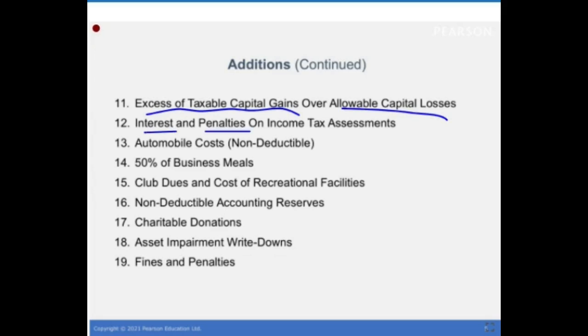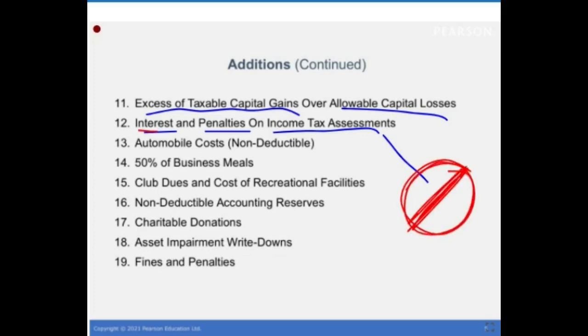Interest and penalties on income tax assessments. So this would be an example of something that's just 100%. That's just a no-go. Interest and penalties on income tax. If you paid your taxes late, or if you filed your taxes late and you'll get a penalty from CRA, that's just a no-go. They're not going to give you a deduction for that.